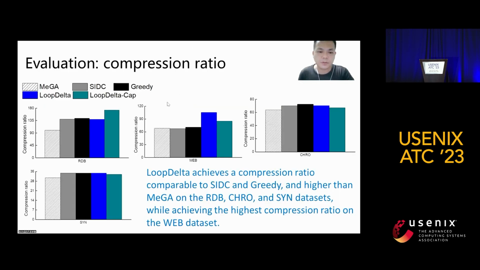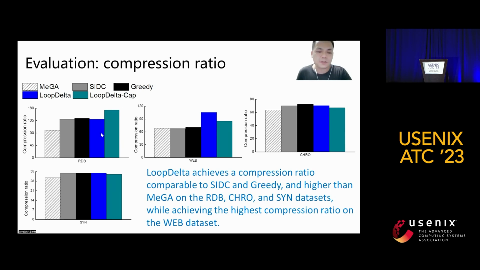This figure illustrates the compression ratio achieved by 5 data reduction approaches on the 4 datasets, including 3 existing approaches, MAGA, SIDC, and Greedy, and 2 versions of LoopDelta, one without rewriting called LoopDelta, and one with rewriting called LoopDelta-cap. The applied rewriting scheme is capping.